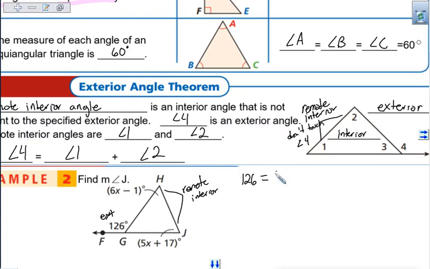So 126 equals 6x minus 1 plus 5x plus 17. Then we're going to combine our like terms. So 126 equals 12x plus 16. Now we're going to subtract 16 from both sides.